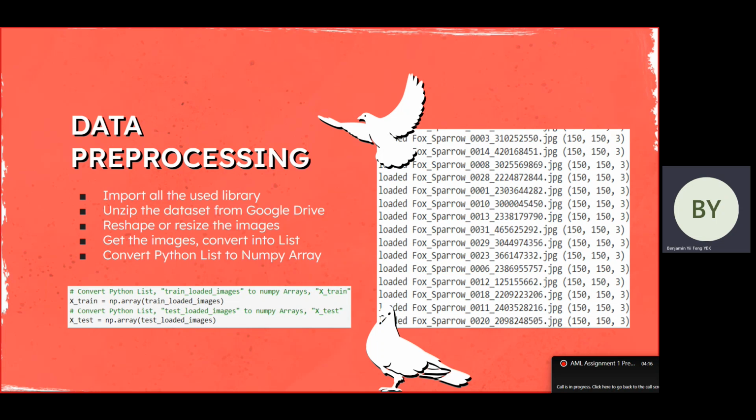And after I get the rescaled images, I convert them into a list, and then I convert the Python list into a NumPy array so that it can be used for the CNN model. For example, you can see in this picture, the train image array is converted into a NumPy array. And the image on the right side shows that I already loaded all the images. This 150 times 150 is the image size that I use.